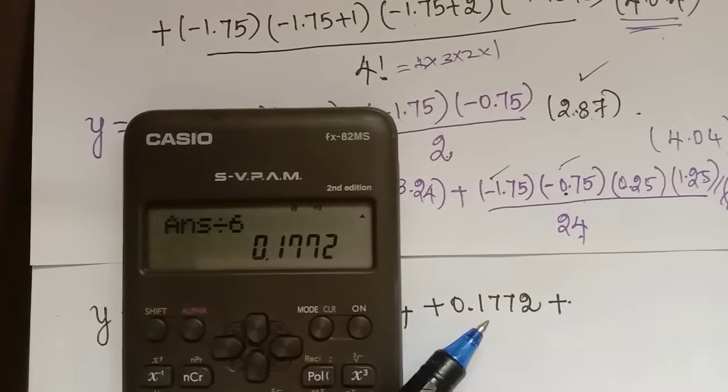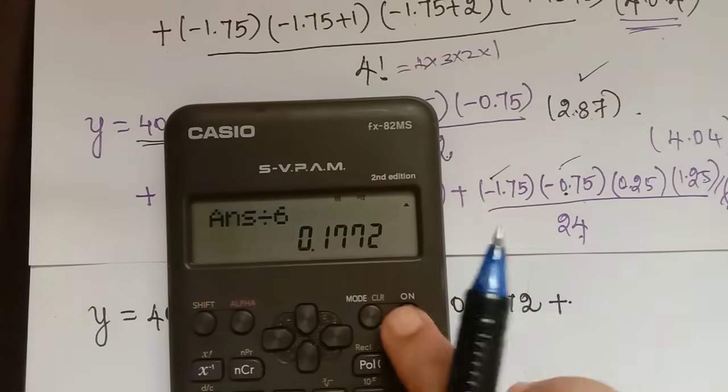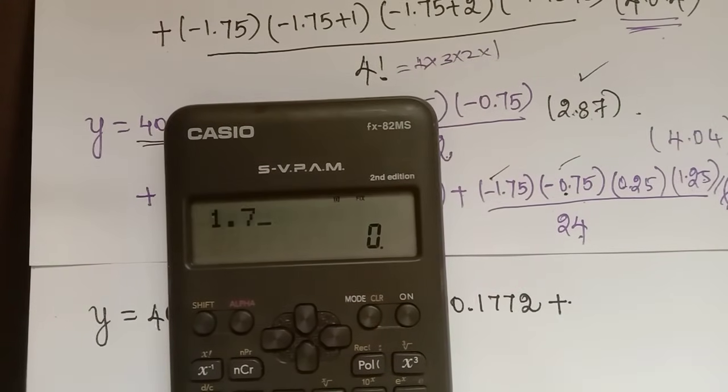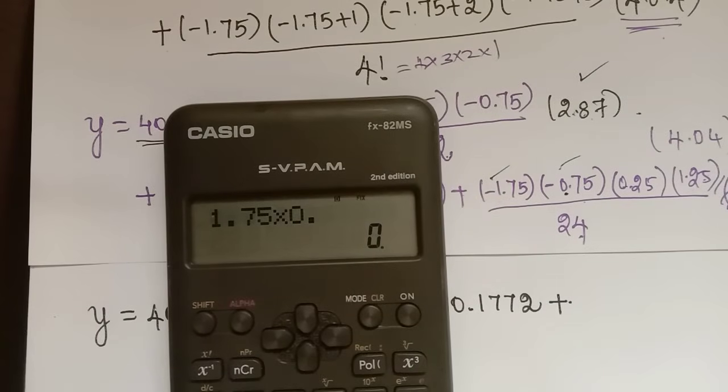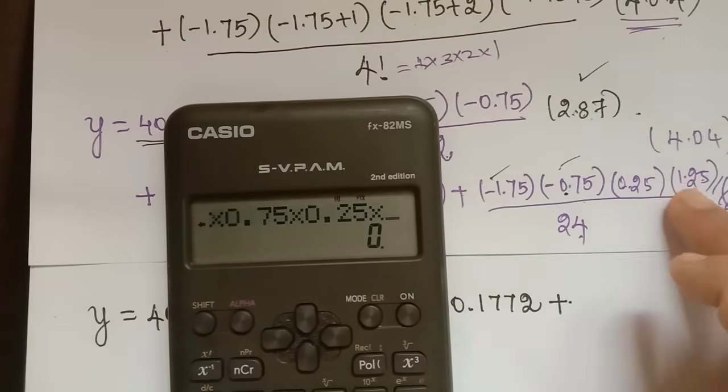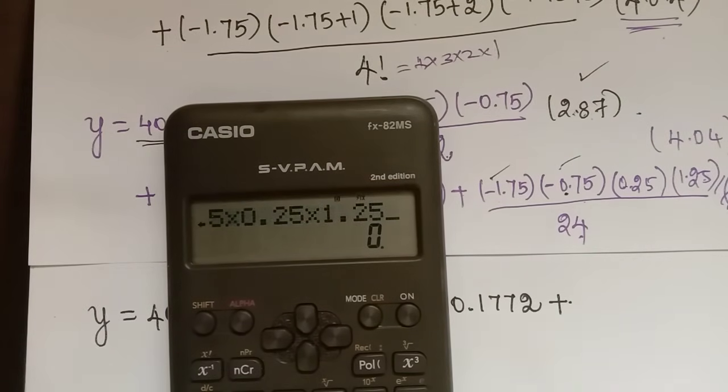So it will be 1.75 multiplied with 0.75 multiplied with 0.25 multiplied with 1.25 multiplied with 4.04.